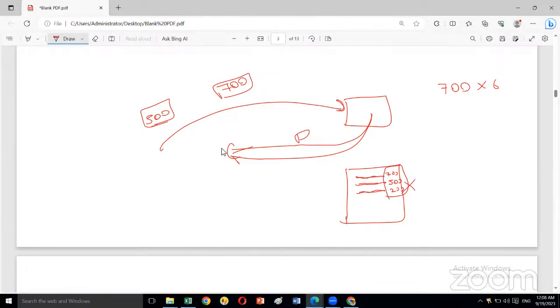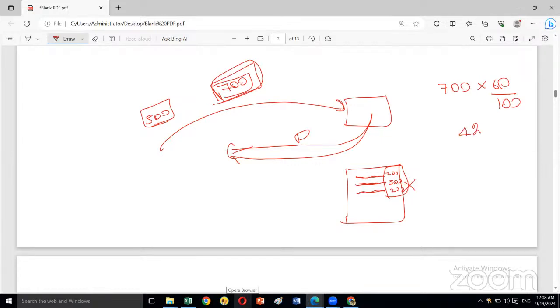So here, 700,000 worth of goods I gave. But can I record the entire 700,000 as sales? No. The trader said only 60% of the goods were sold, so only that 60% can be recorded as sales. How much is 60%? 700,000 into 60 over 100, which is 420,000.